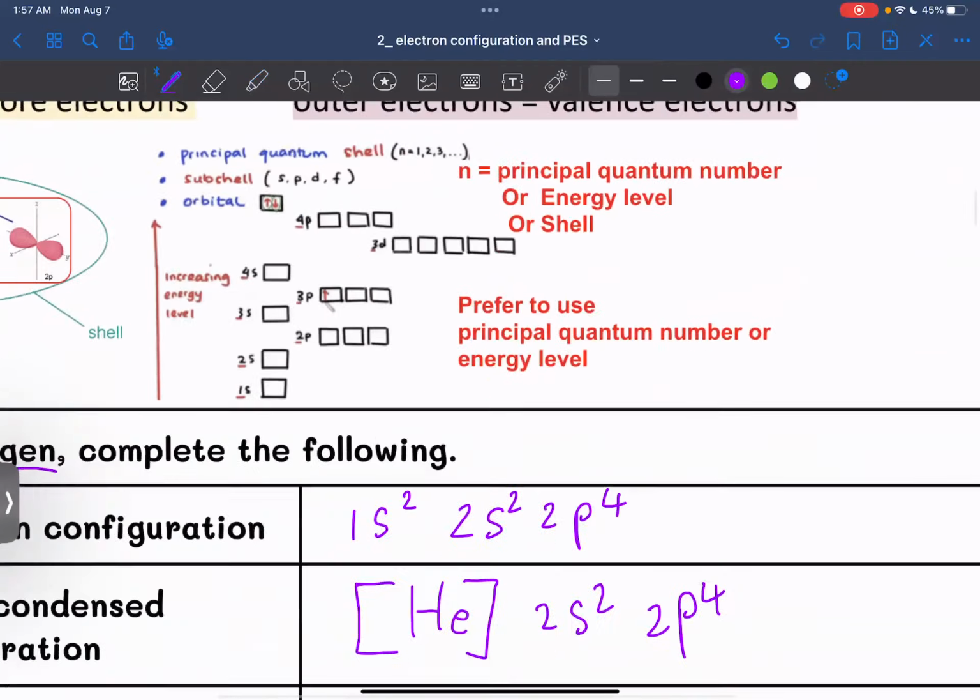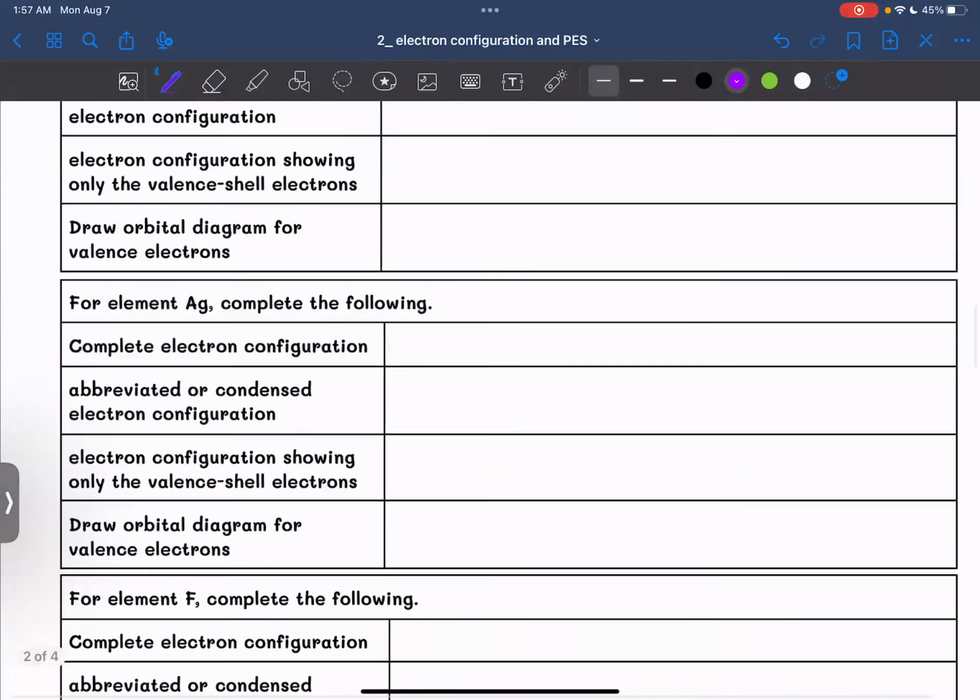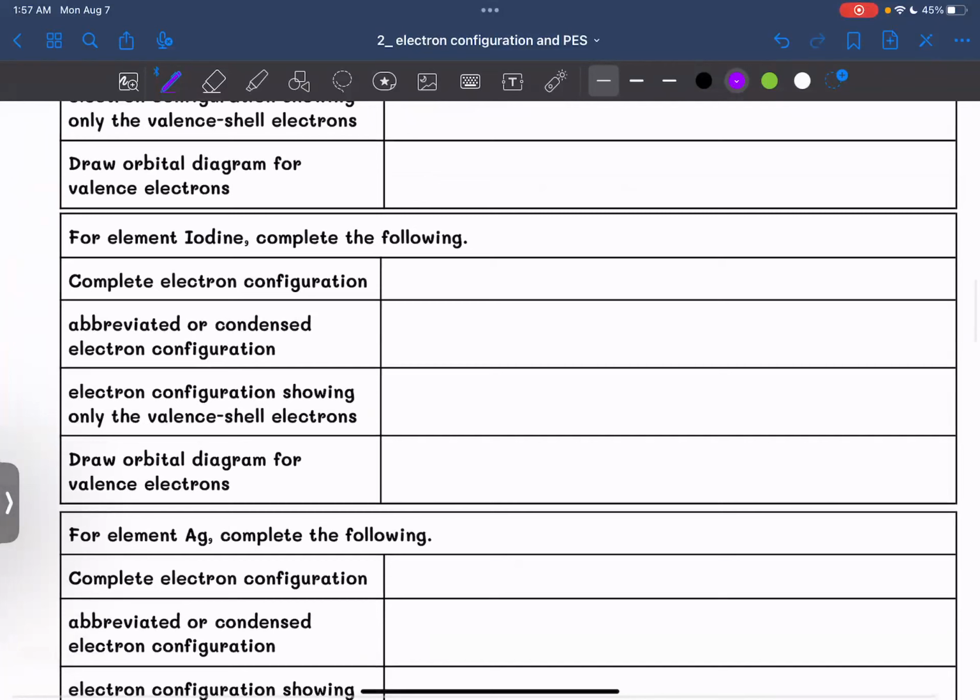Okay, so let's do that. Long one: 3s2, 3p6. Remember, after 4s is 3d. 4p, 5s.